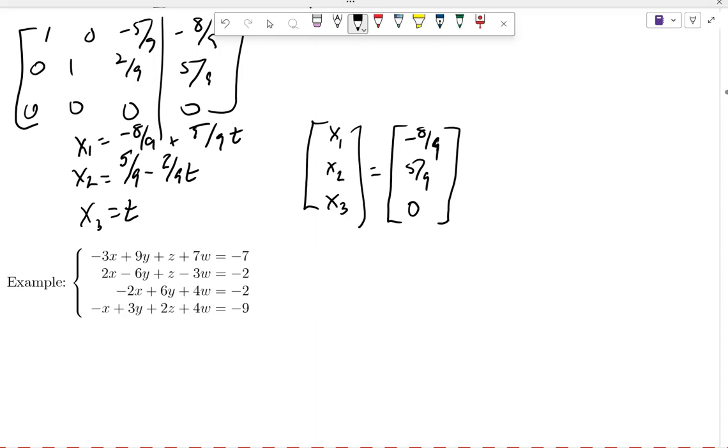I have negative 8 ninths, 5 ninths, and 0 because those are the constants that I see. And then your second part, everything has a t in it. Then what goes here? Yeah, you're right.